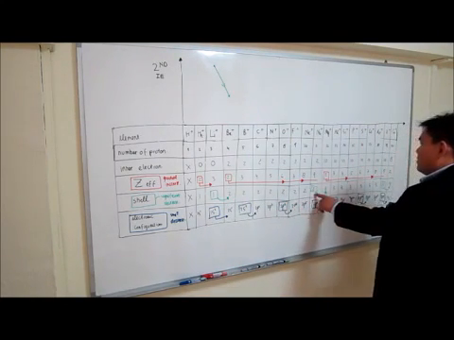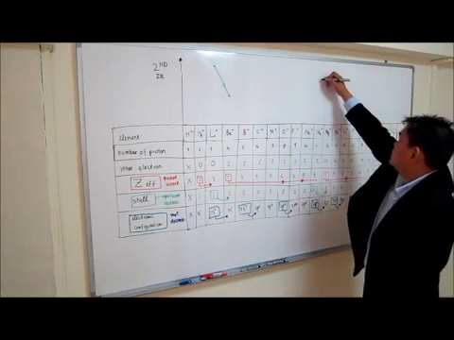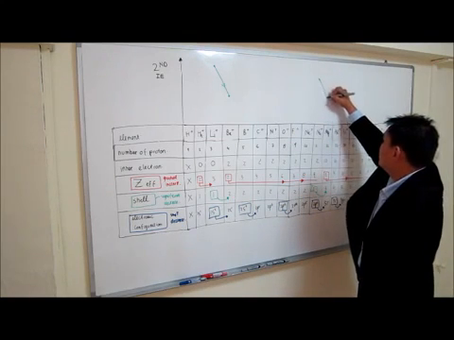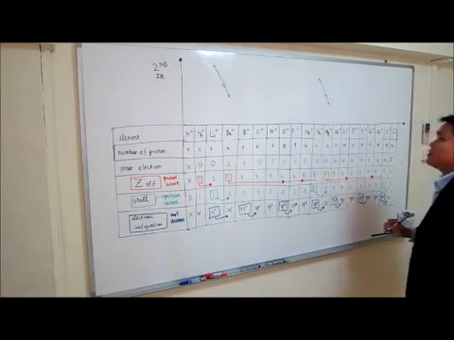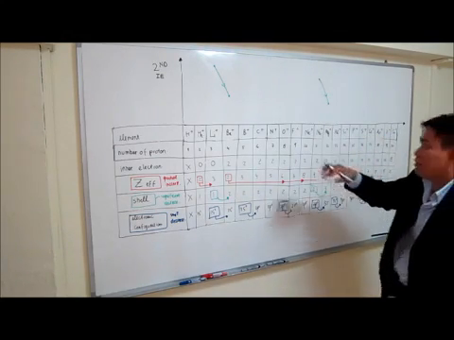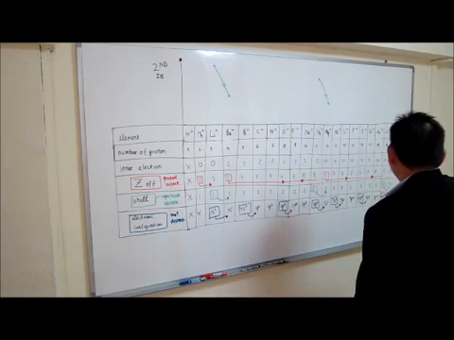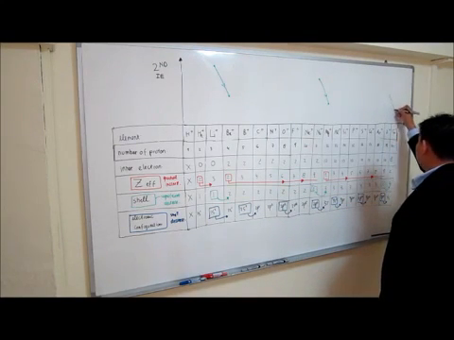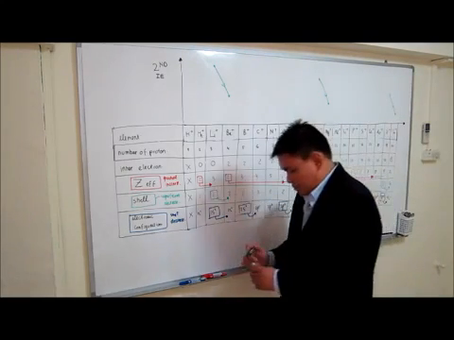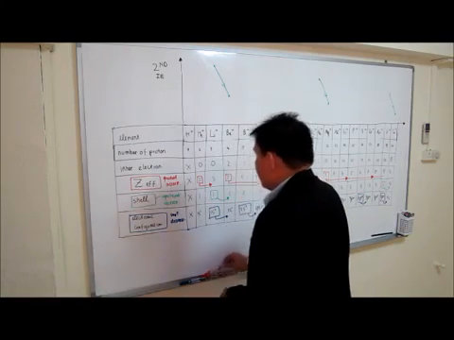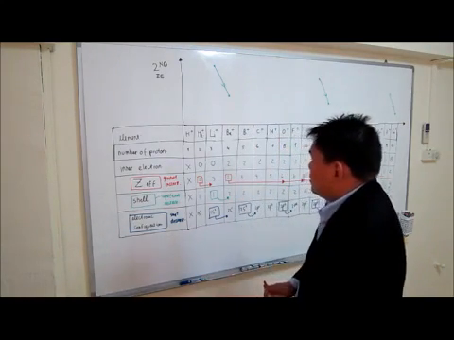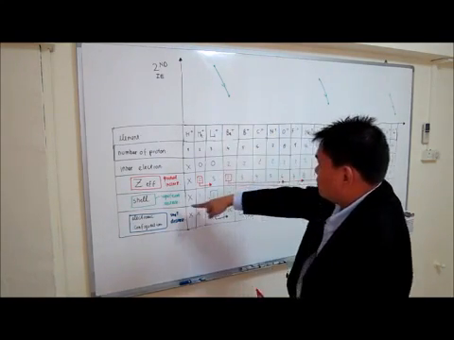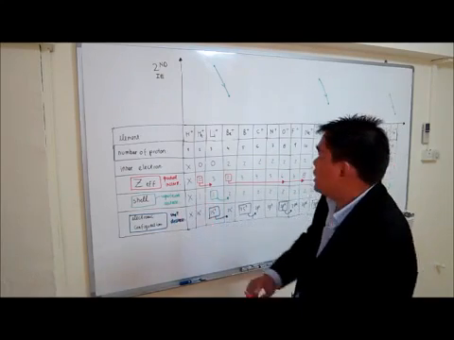Similar things happen from Na plus to Mg plus. Also a significant decrease, so we see that the gradient is very sharp downwards. Also from K plus to Ca plus. Now that is the effect of adding more shells.